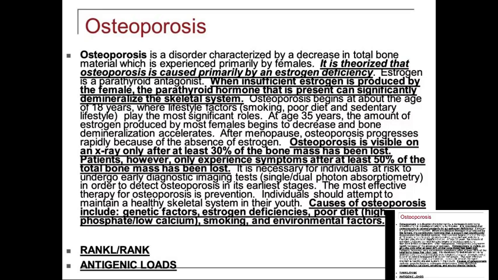Osteoporosis is visible on x-rays after 30% of the bone mass has been lost, and they have symptoms when 50% has been lost. Usually the symptom is that a bone breaks, like a metatarsal bone of the foot or the hip, when they weren't doing anything other than walking. When it breaks, they lose their balance and fall. Many of you have heard the story the other way around, where grandma or grandpa fell and broke the hip, when it's usually the other way around.